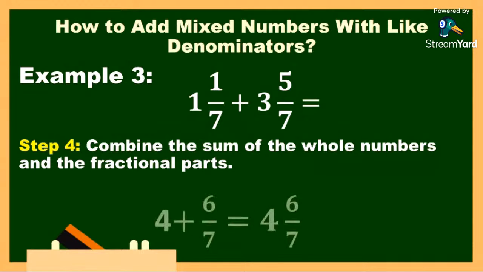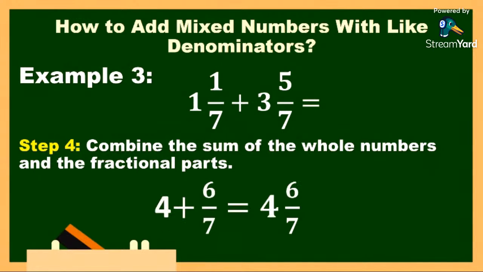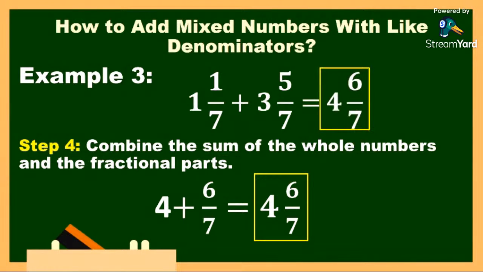So, 4 plus 6 over 7 is equal to 4 and 6 over 7. Ganon din dito sa 1 and 1 over 7 plus 3 and 5 over 7 is equal to 4 and 6 over 7.